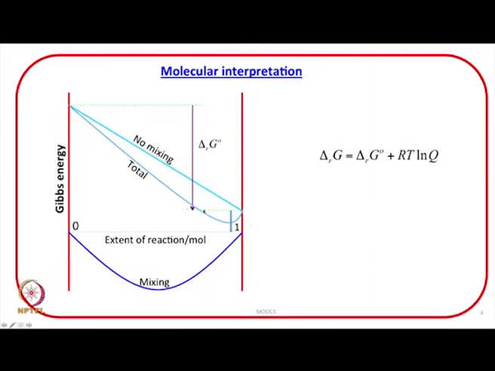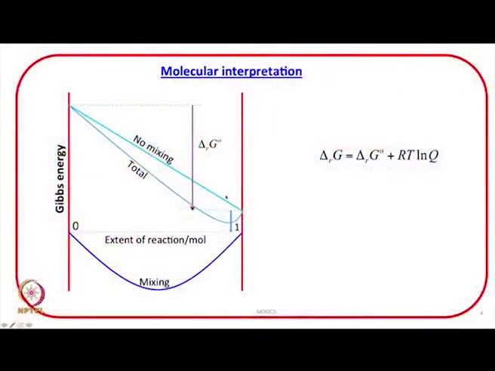That means the value of delta Rg0 is largely negative. It's large and negative. Large and negative means the minima in the free energy versus extent of reaction curve should appear close to xi equal to 1.